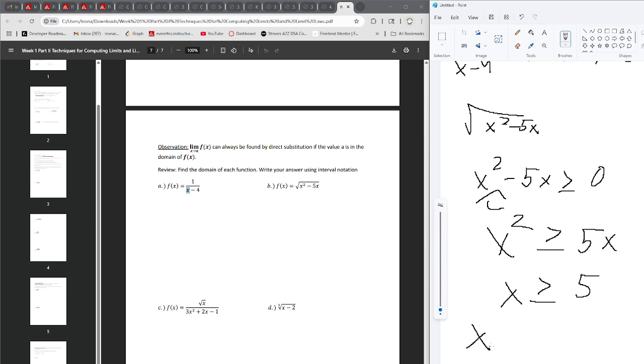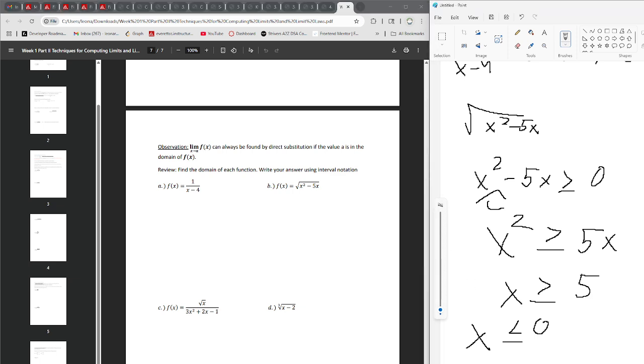But x also has to be less than or equal to, that's a good question, chat. Less than or equal to 0, right? Because once it starts becoming negative, we have like negative 1 squared, so it's just 1 minus 5 times negative 1, so plus 5.